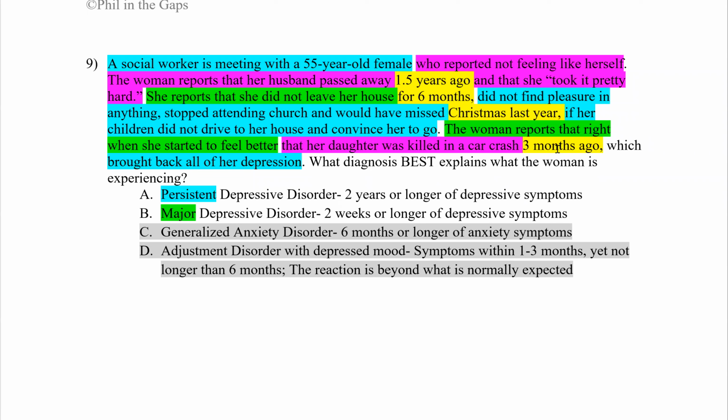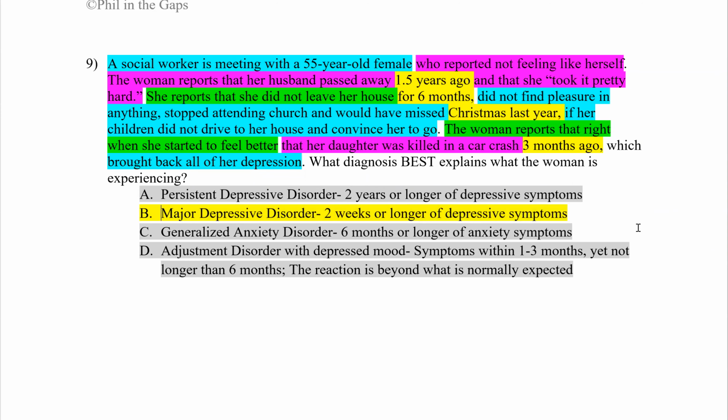As well, if you remember back to persistent depressive disorder, there cannot be a period of longer than 2 months without symptoms, because if it does, it resets back to major depressive disorder. So for that reason, it never hit the 2 year mark, because she had a period where it was going well. And then 3 months ago, it got worse. So we're looking at major depressive disorder rather than persistent.